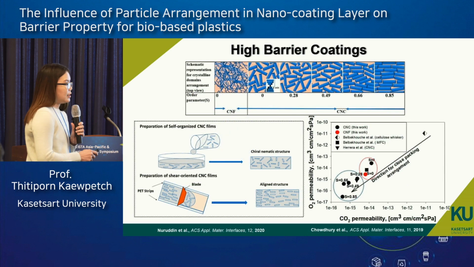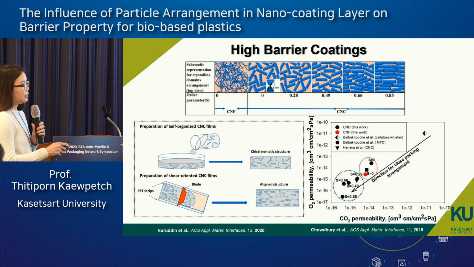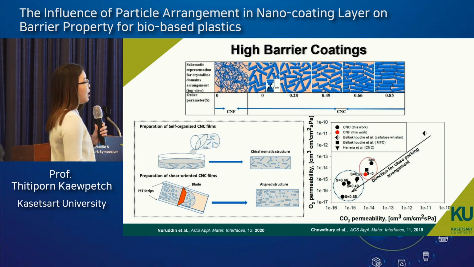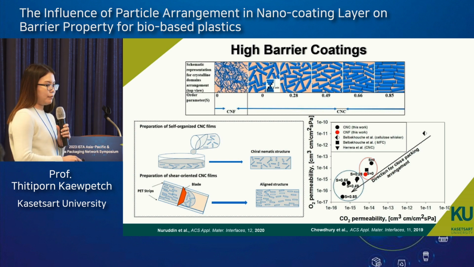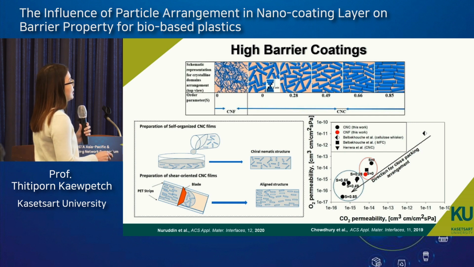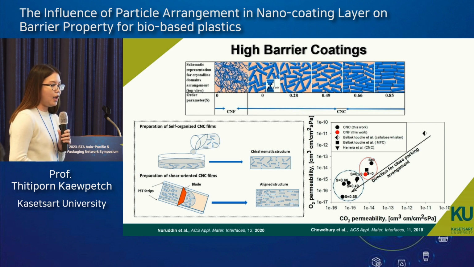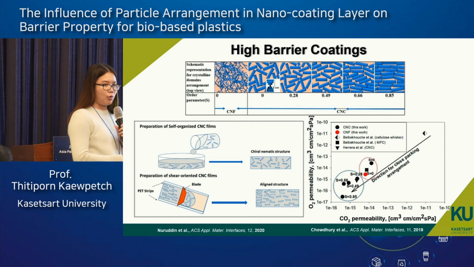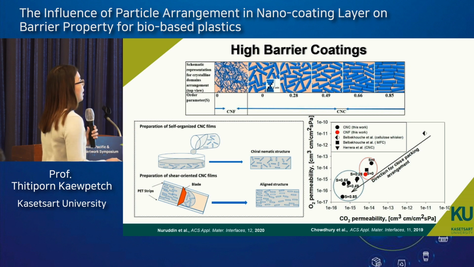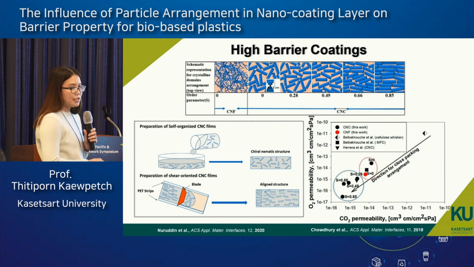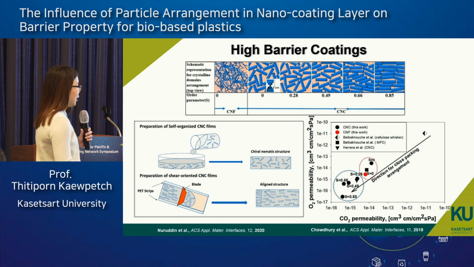There are some studies that try to minimize the free volume of the coatings or films by making the structure more ordered. In this case, they use CNC, which is cellulose nanocrystal, which has a rod-like structure, and apply shear force.